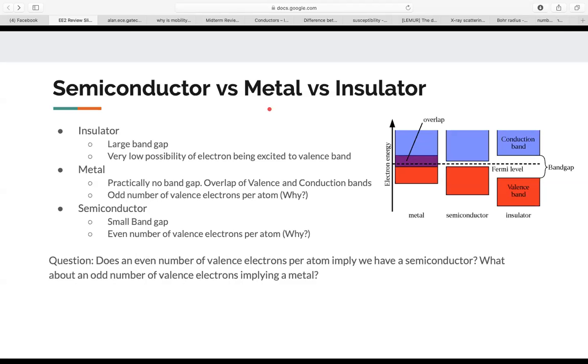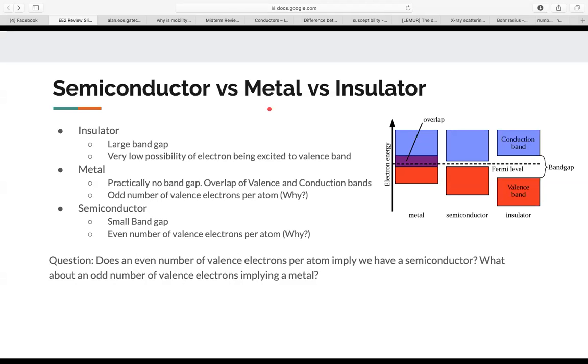What would happen if there were an odd number of electrons in the valence band? What would the current be, 0 or non-zero?